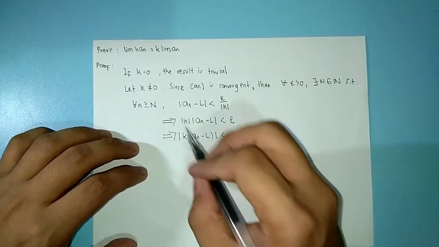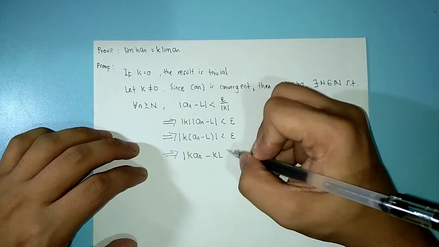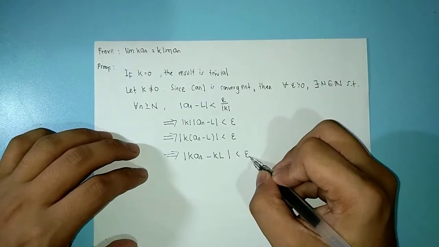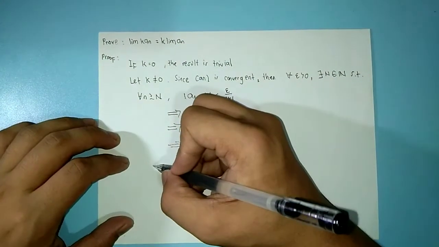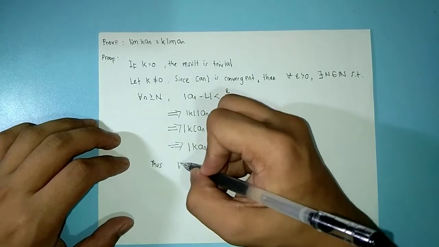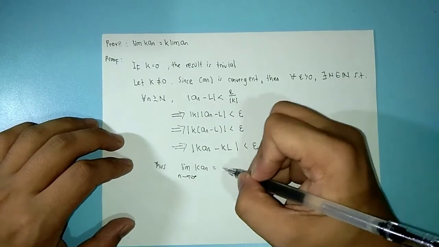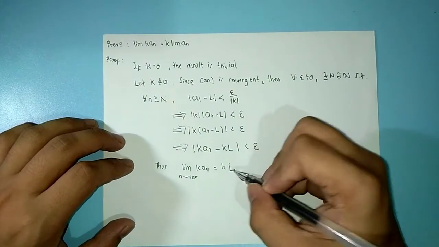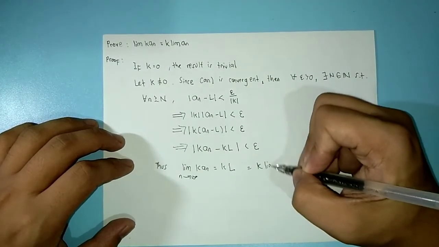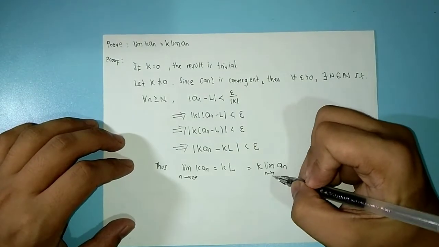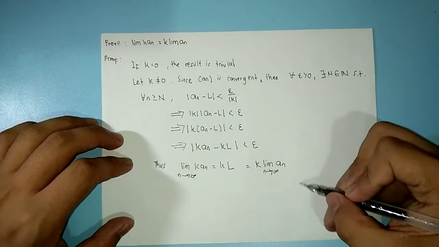Then, i-distribute natin, magiging absolute value of k a sub n minus kL less than epsilon. And this proves that the limit of k a sub n is equal to kL. So, therefore, limit of k a sub n as n approaches infinity is equal to kL, which is, yung L natin, yan yung limit ng a sub n. K, limit of a sub n as n approaches infinity. Okay? And yun na yung na-prove natin. So this is done.